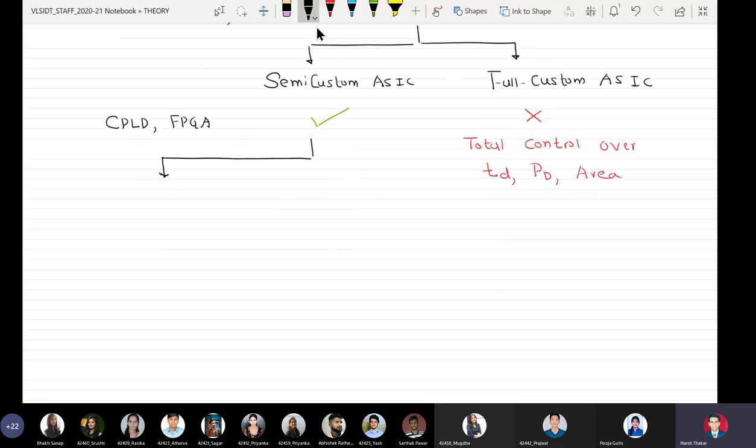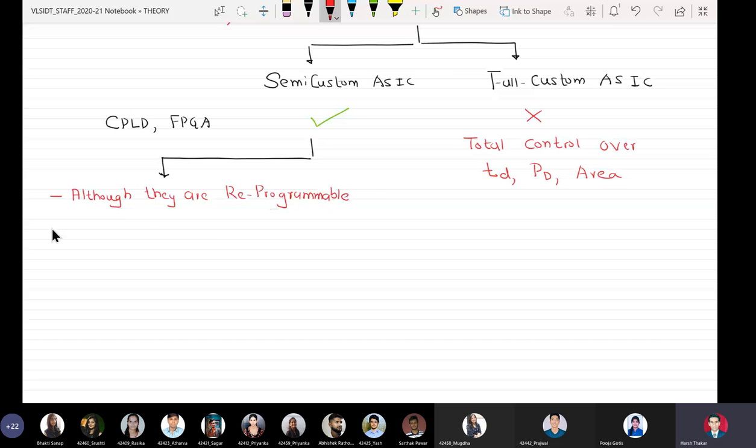The reason is this, that although they are reprogrammable, why reprogrammable? Because you change the main model, the functionality changes.